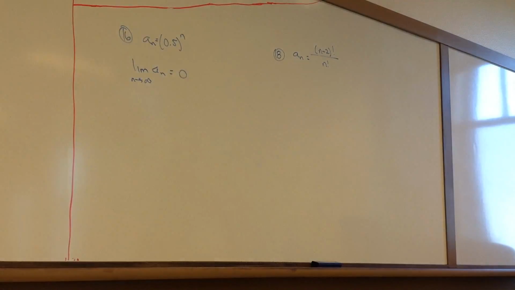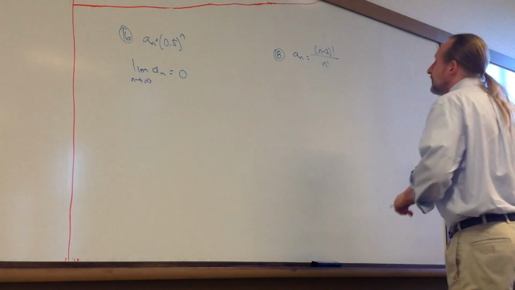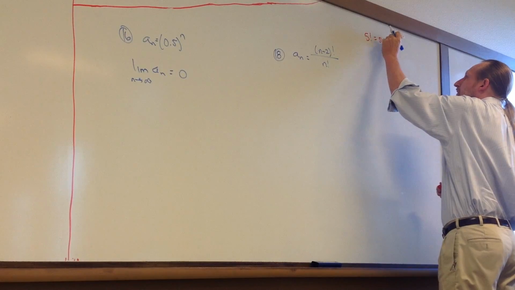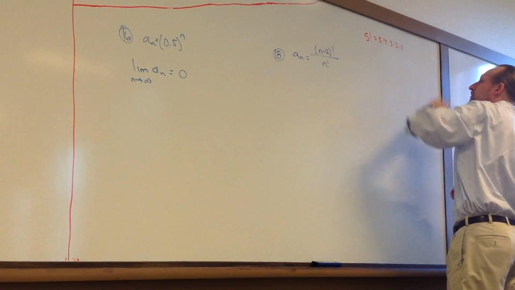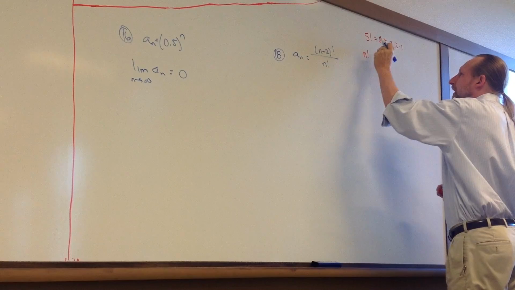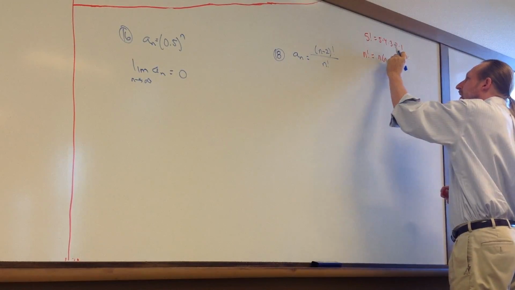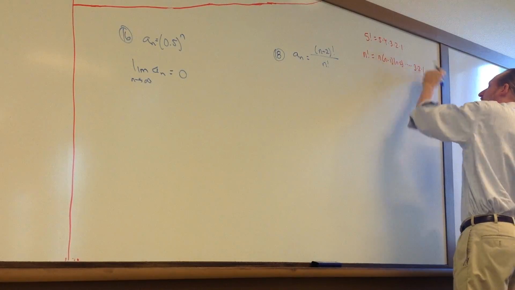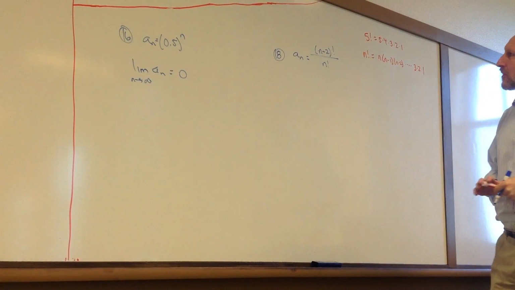So, talked about factorials in the previous video. Remember, if you've got like 5 factorial, that's 5 times 4 times 3 times 2 times 1. N factorial is n times n minus 1 times n minus 2, dot, dot, dot, all the way down to 3, 2 times 1.